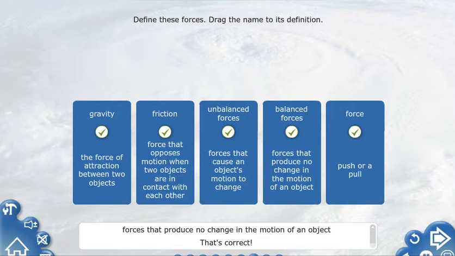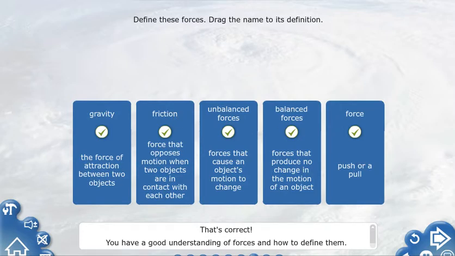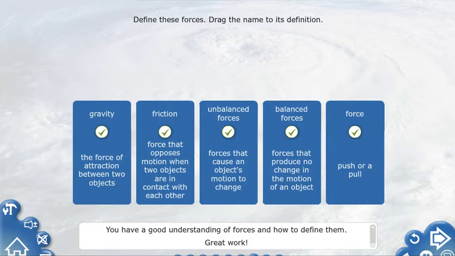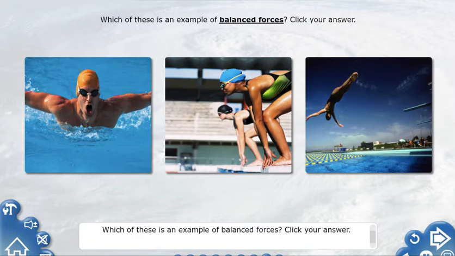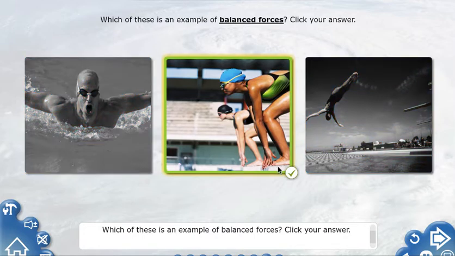That's correct! You have a good understanding of forces and how to define them. Great work! Which of these is an example of balanced forces? Click your answer. You've got it! Balanced forces do not cause a change in motion, like these swimmers waiting to race.